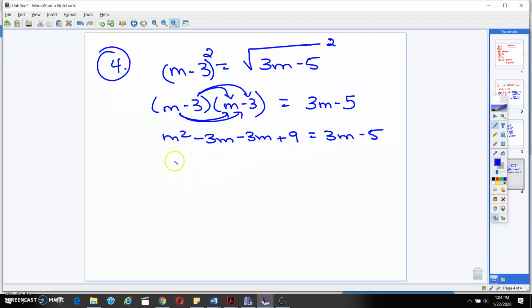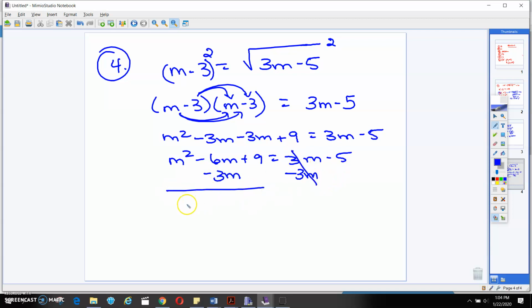So m squared minus 6m. Okay, so now I'm going to combine my like terms. That's going to give me m squared minus 6m plus 9, and 3m minus 5 on this side. So now I want to solve for m. I'm going to move all of this stuff to the other side, so I'm going to subtract 3m from both sides.